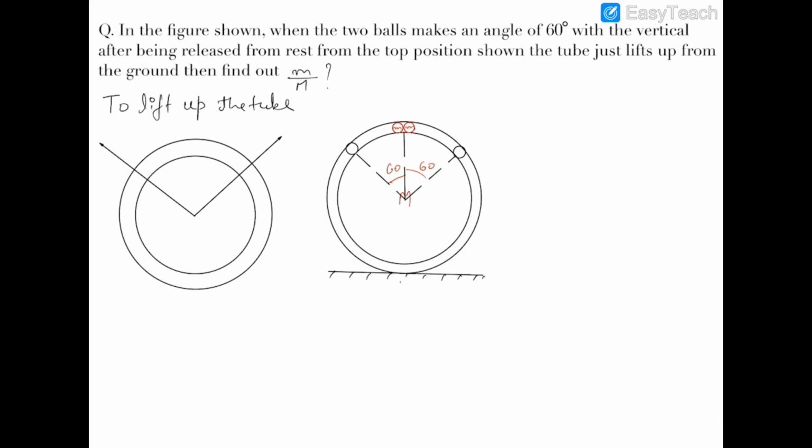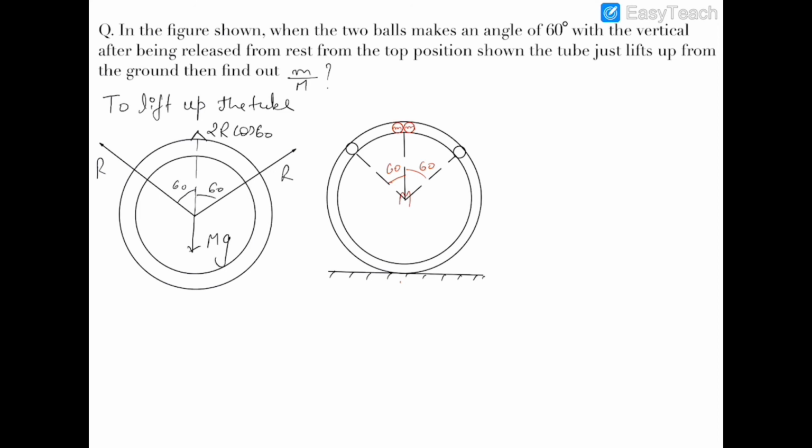These two normal reactions, R and R, would be the same due to symmetry. This angle is 60, so the total normal reaction in the upward direction will be 2R cos 60, and Mg of the tube will be acting in the downward direction.